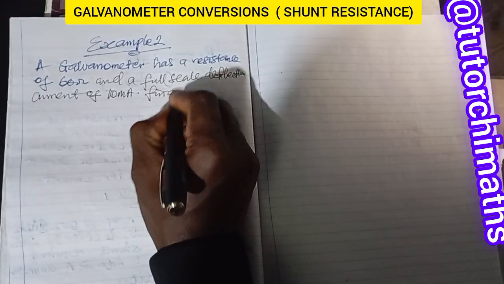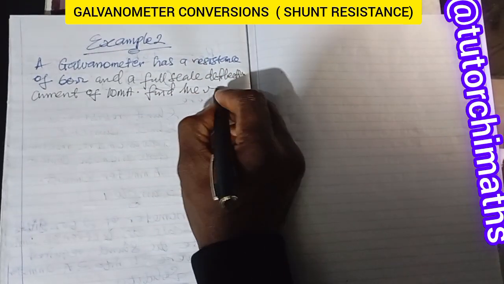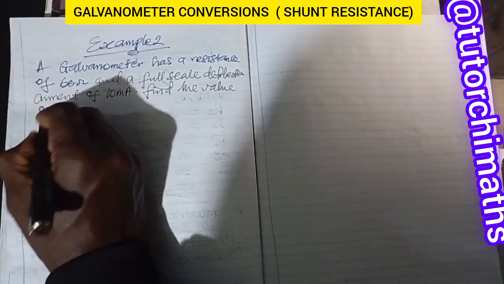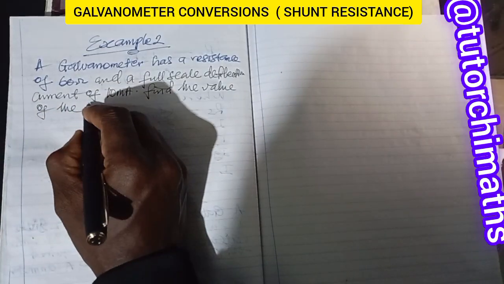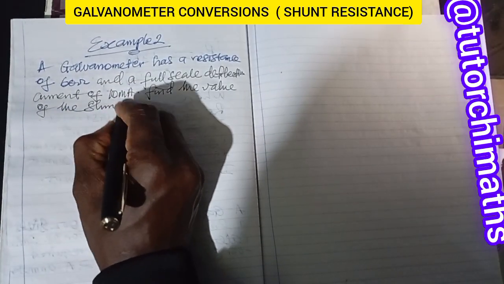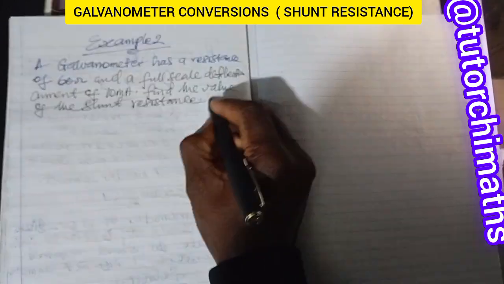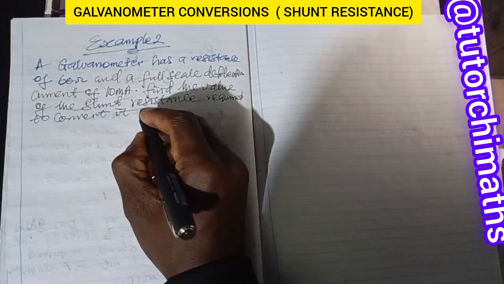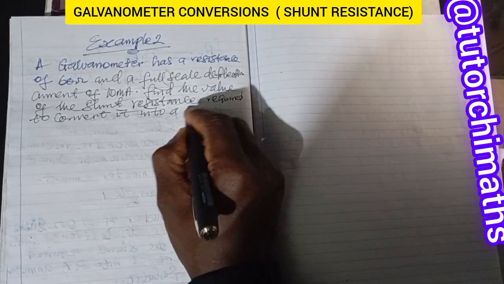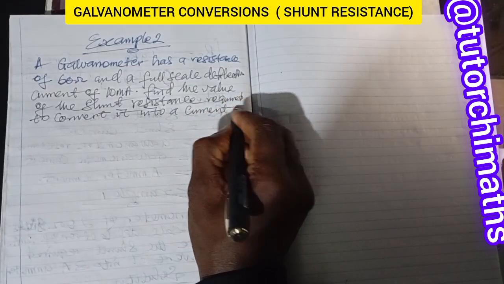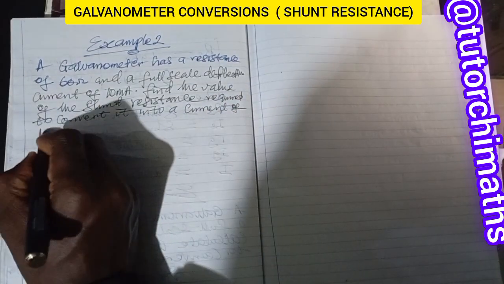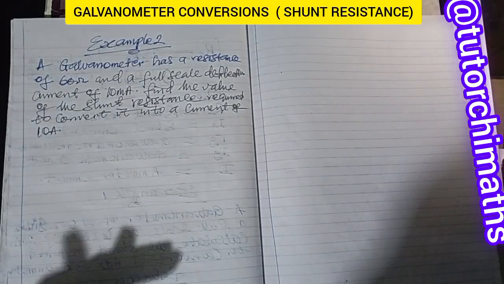Question is find the value of the shunt resistance required to convert it into a current of 10 amperes. Alright, solution.